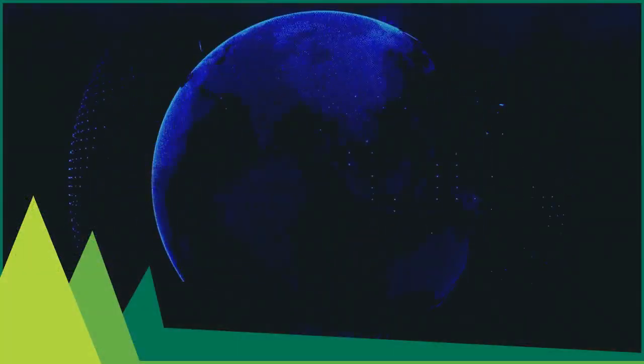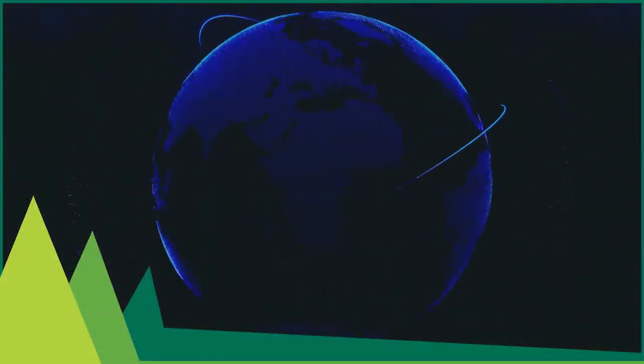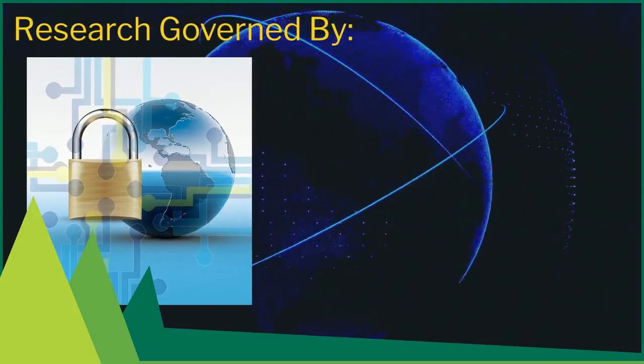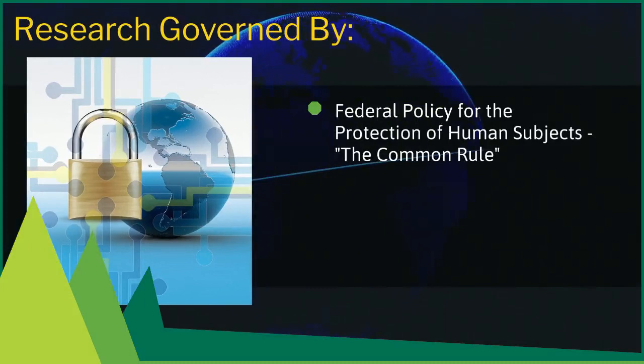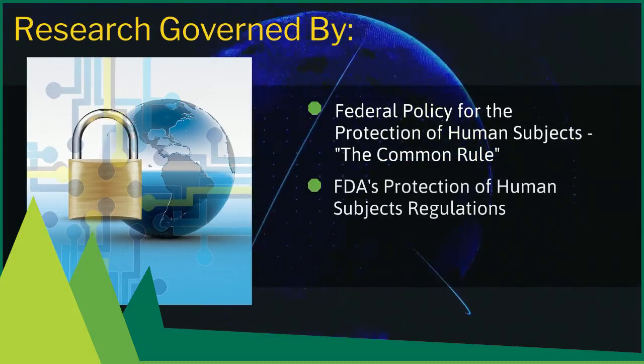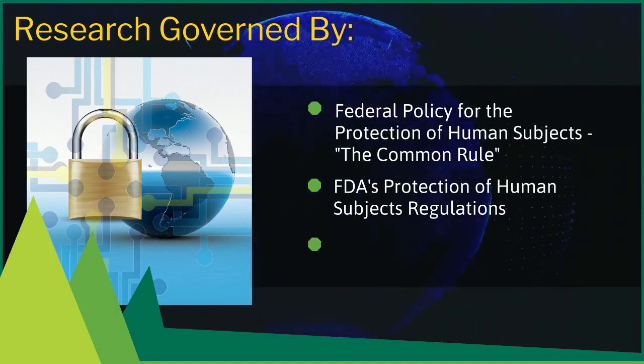Otherwise, let's begin. Much of your research that requires the access or use of PHI is going to be governed by either the Federal Policy for the Protection of Human Subjects, which is also known as the Common Rule, or the Food and Drug Administration or FDA's Protection of Human Subjects regulations, or both.